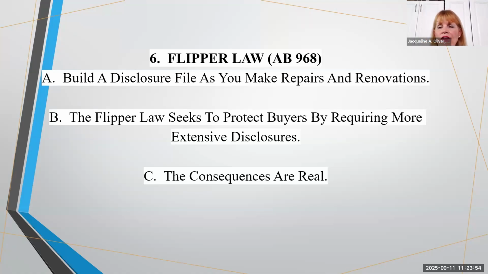There are a lot of issues that they have to address. Now, what am I advising you to do? I'm advising you to build a disclosure file as they are making the repairs. You can advise your client that intends to flip it that they have to make these disclosures if it's within 18 months.